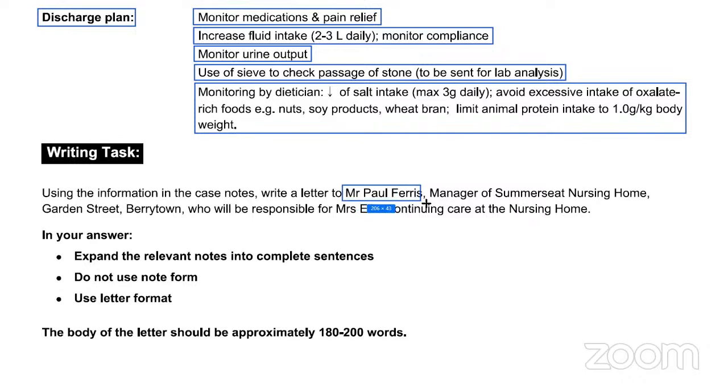Mr. Paul Ferris. And who is Mr. Paul Ferris? He is the manager of which nursing home? Somerset Nursing Home, in Garden Street, Berry Town. So this is the address to which you are writing.